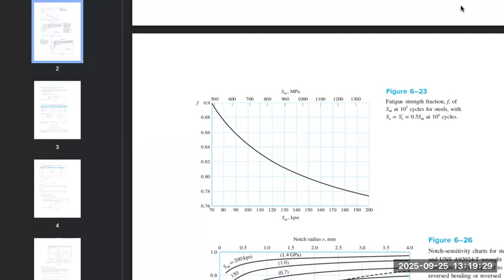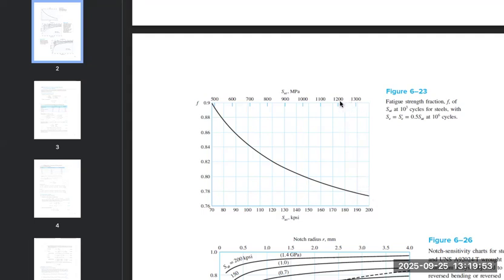Here is figure 6.23. So we want to approximate F when the ultimate strength is 1,600. And if you notice over here, 1,600 actually exceeds the scale of this diagram, unfortunately. So what we can do is extrapolate the data.